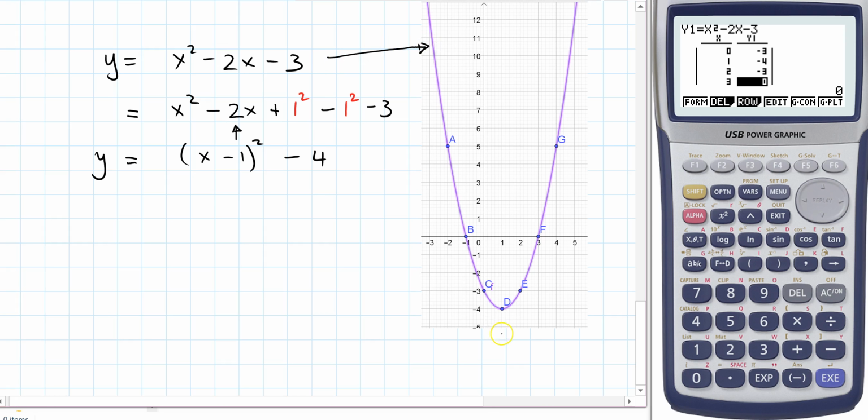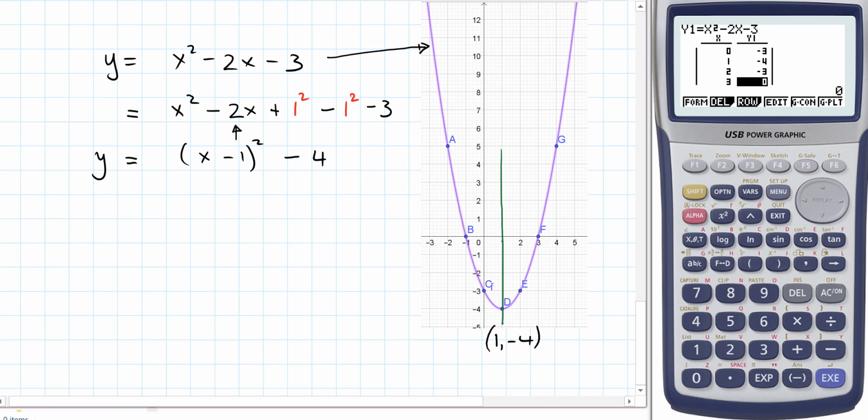Notice down over here, the turning point that we have is the point (1, -4). We also said that we had a line of symmetry that ran down the middle of this graph, going through there like that.